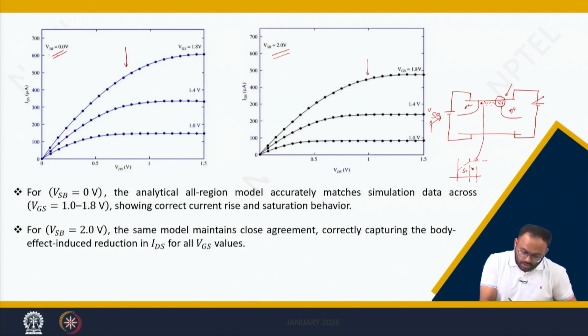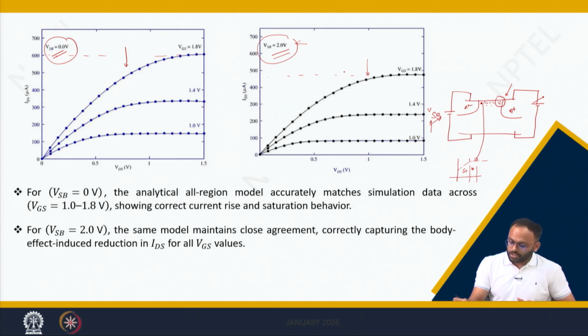Here the range of the current is this much when VSB is 0. When you are applying a source to body voltage of some amount, then the range of the current is degraded because the total charge available near the channel is degraded. This can be restored by applying VGB again.